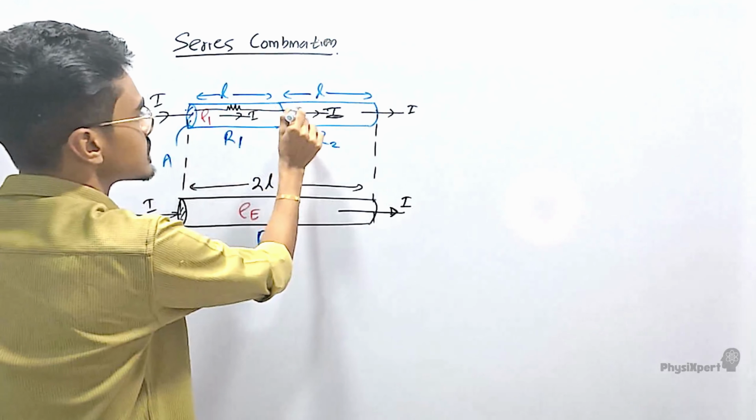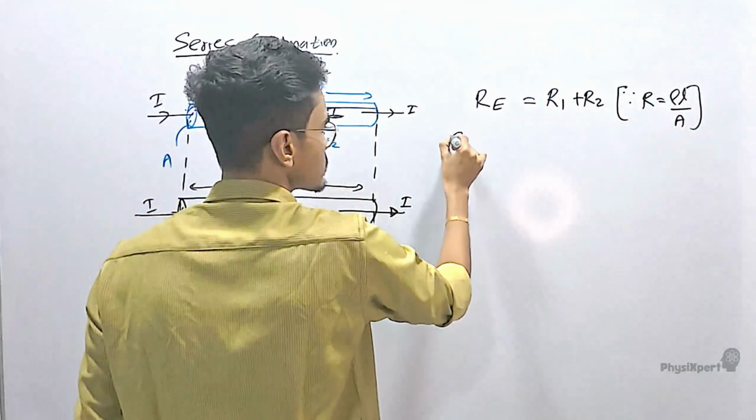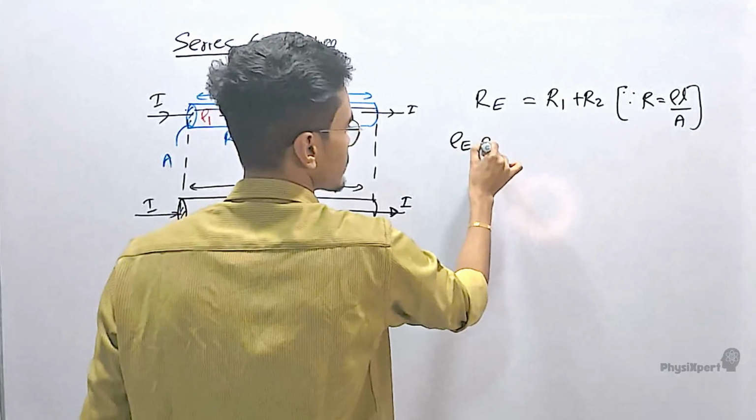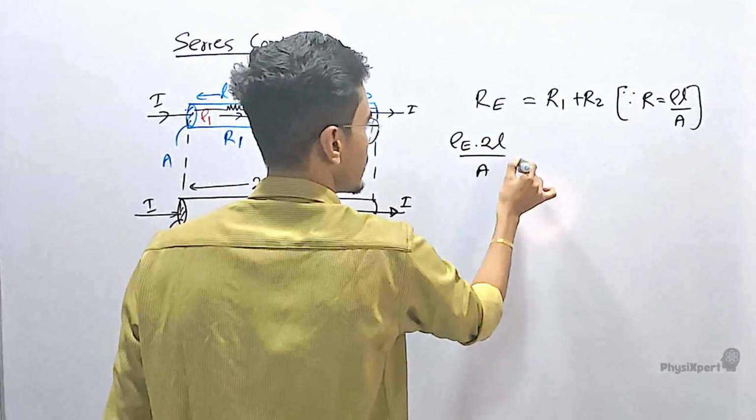Now we know R equals rho L over A. See how the idea is transformed into resistivity. Expanding these terms, Re is rho E, and L for the equivalent is 2L, over A.